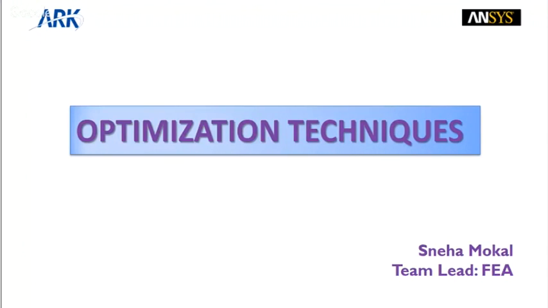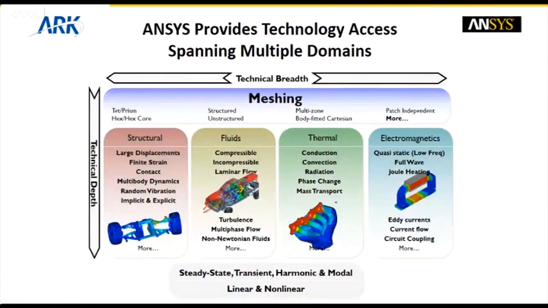Whenever we are going to do any simulation in ANSYS, we will have to follow some steps. I will just give you 2 minutes, I will quickly show you what those steps are. In ANSYS, different physics can be solved: structural, fluid, thermal, electromagnetics.